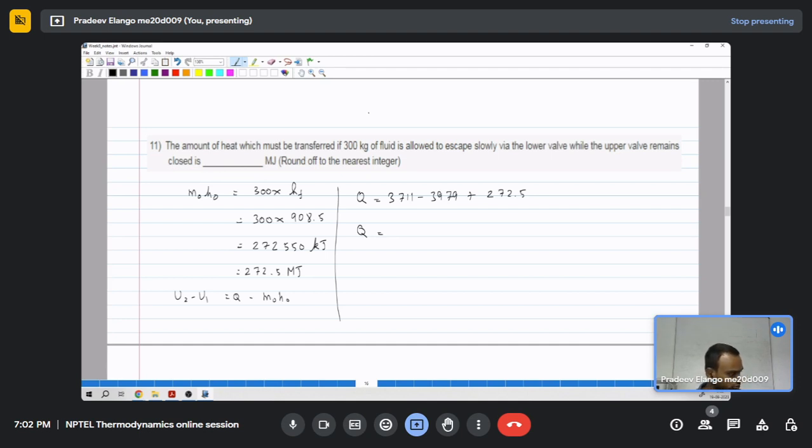So this comes to be 4.5 megajoules or 4500 kilojoules. Anyway, we have to round off to the nearest integer, so this can be rounded off to say 5 megajoules.